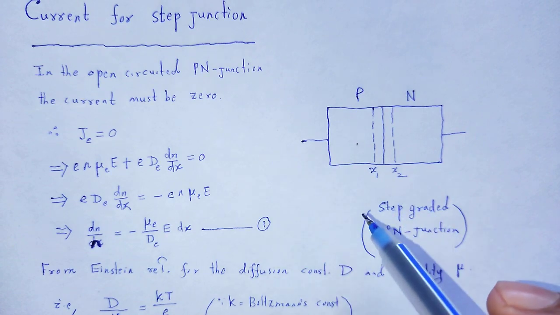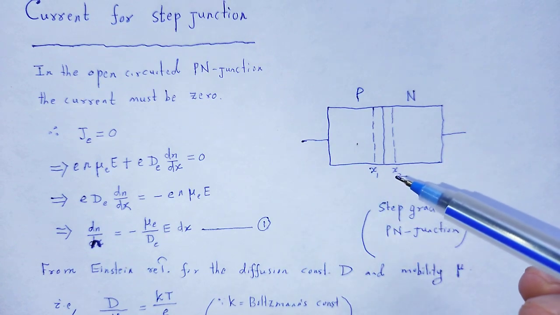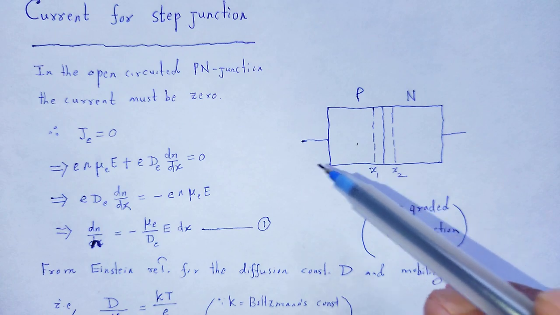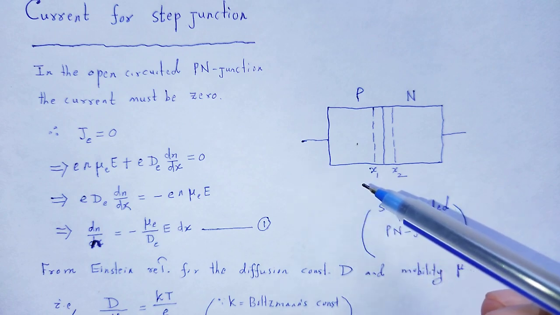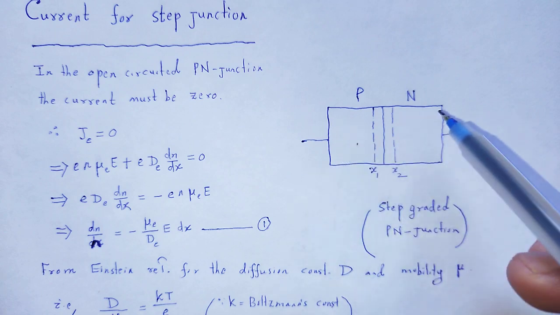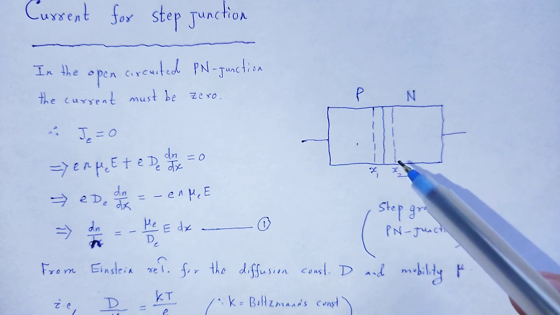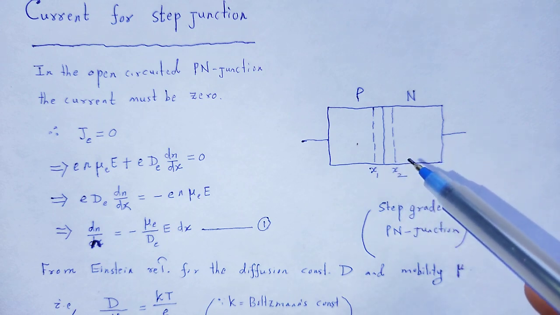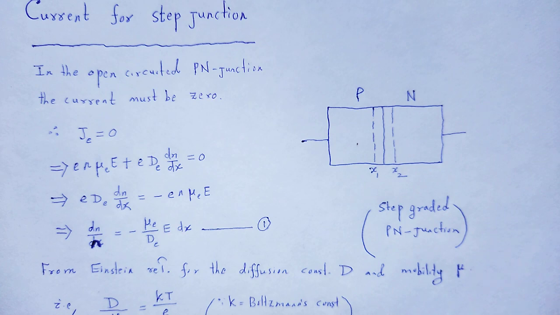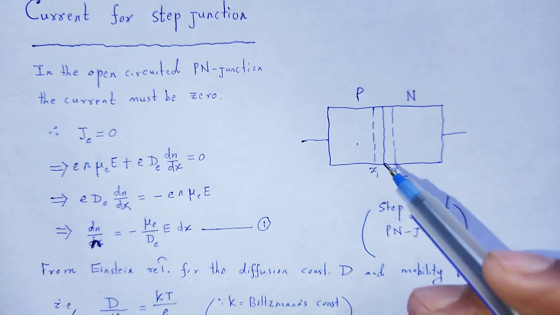But when an external electric field or external potential is applied to the PN junction, in the forward bias situation, current flows through the junction. In reverse bias situation, no such current flows. Let me take it.